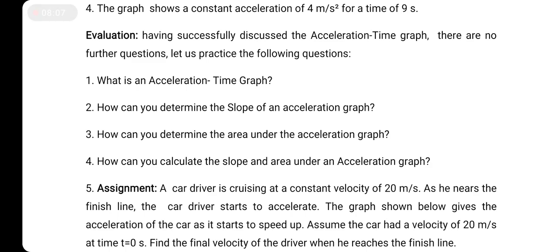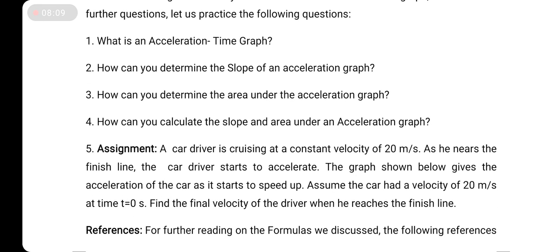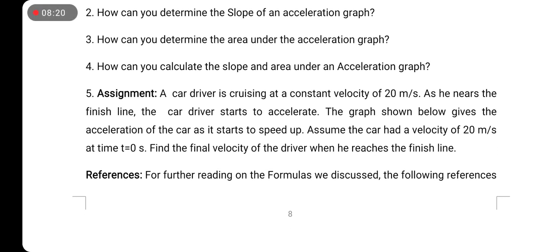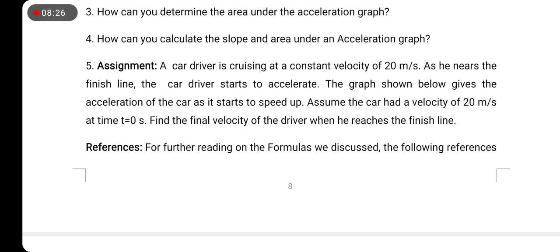1. What is an acceleration time graph? 2. How can you determine the slope of an acceleration graph? 3. How can you determine the area under the acceleration graph? 4. How can you calculate the slope and area under acceleration graph? 5. A car driver is cruising at a constant velocity of 20 meters per second.